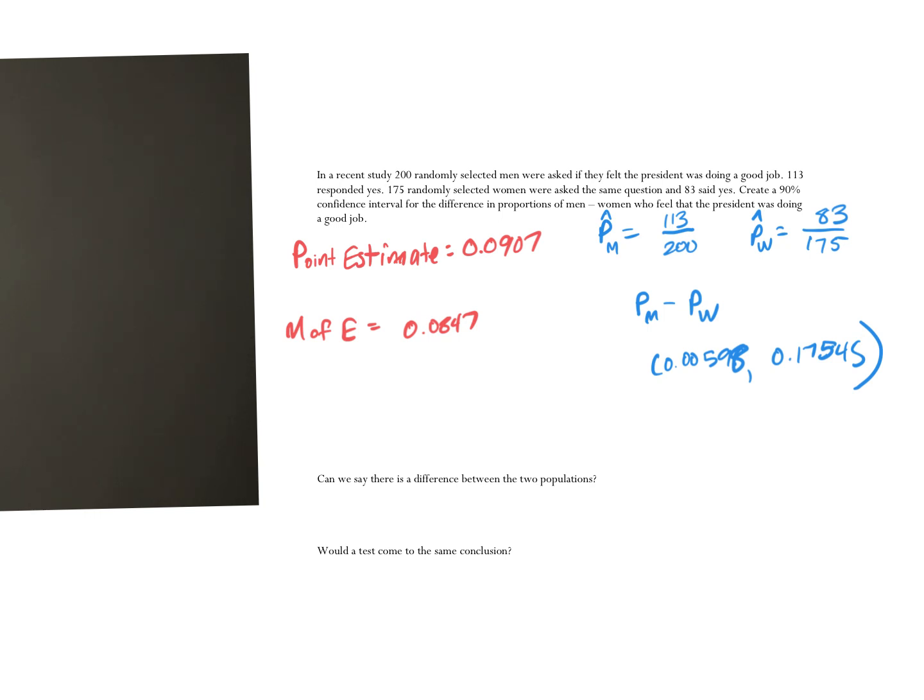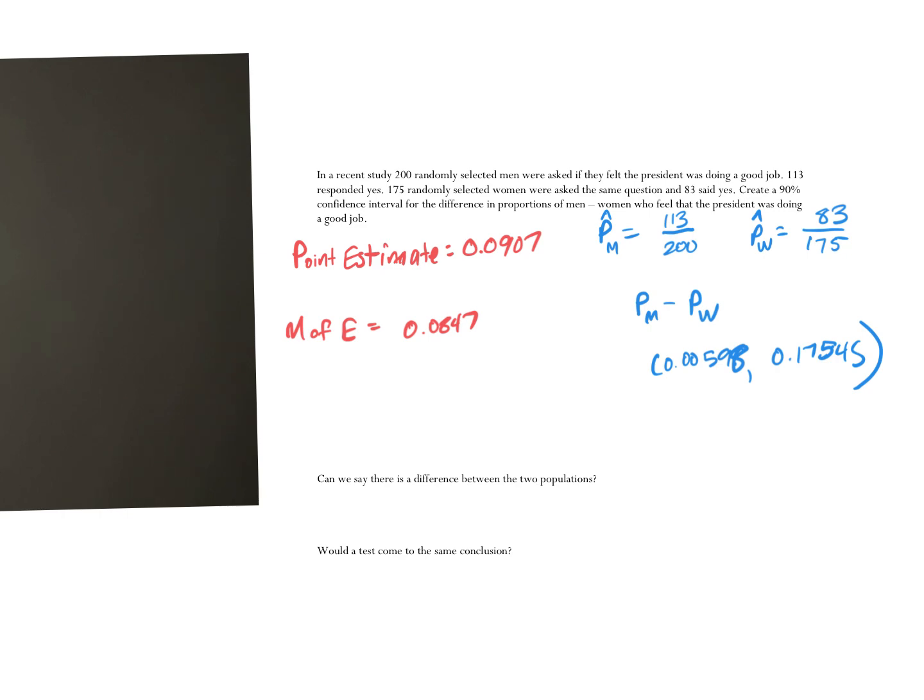Okay. What does it represent? So that's why I want to talk about it. Is that the percentage of either sample? No. Are we trying to estimate the percentage of either sample? No. We're trying to estimate the difference. Is everybody with me?